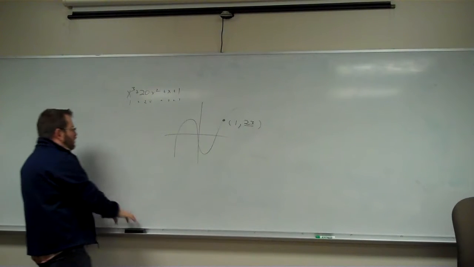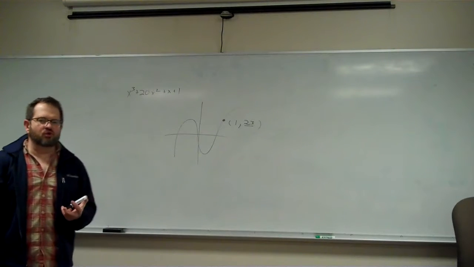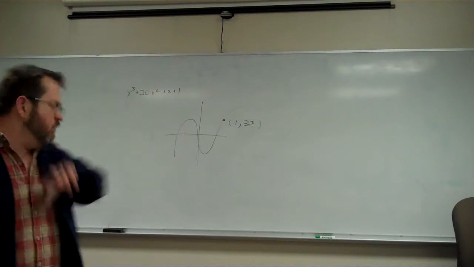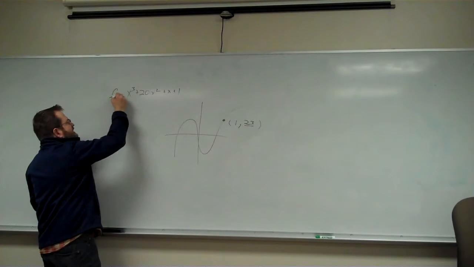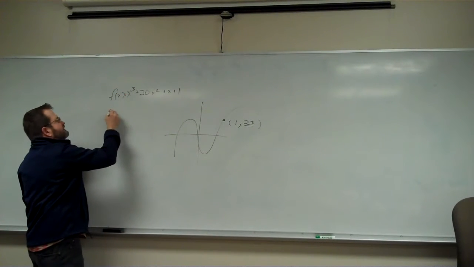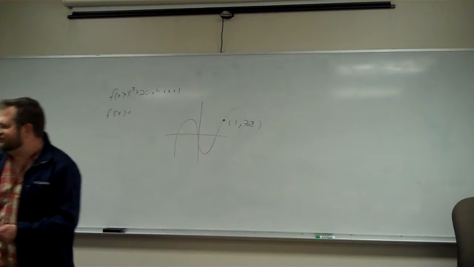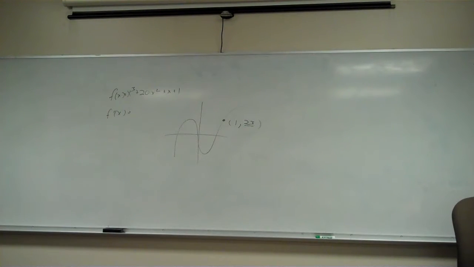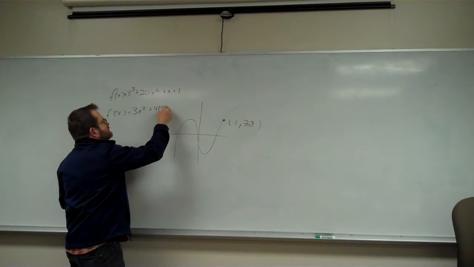So what would be the equation of the line that's tangent at 1 comma 23? Well, if this is our f of x, then our derivative, oh my gosh, these power rules are the easiest ones to do, right? 3x squared plus 40x plus 1.